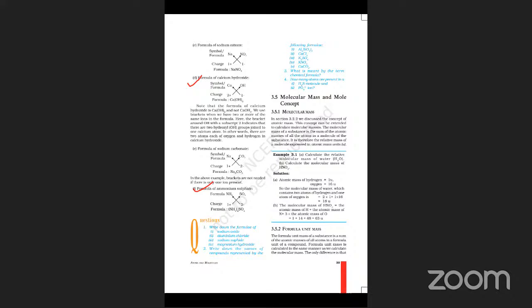Yes, sir. Could you repeat? I'm saying if it is a polyatomic ion, you have to make a round bracket, and then as a subscript you have to put the number. In the case of ammonium sulfate, the formula becomes (NH4)2SO4. Now, NH4 twice means nitrogen atoms are 2 and hydrogen atoms are 8. Clear? Yes, sir, clear.